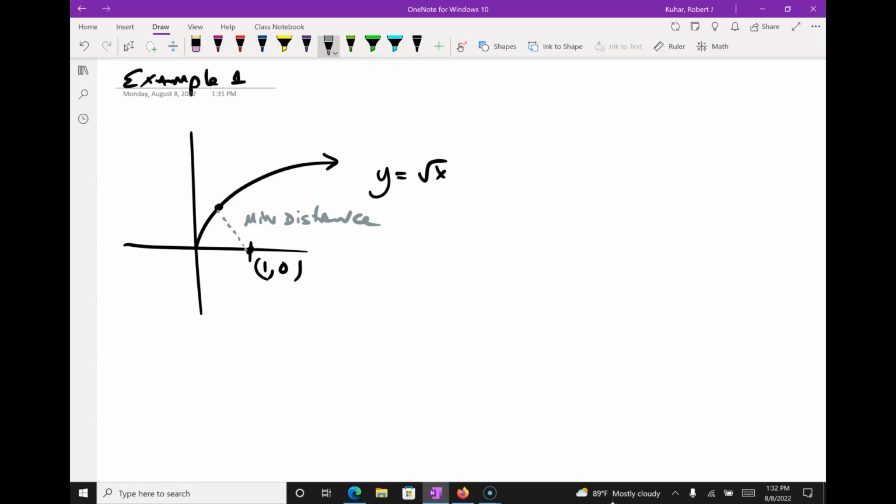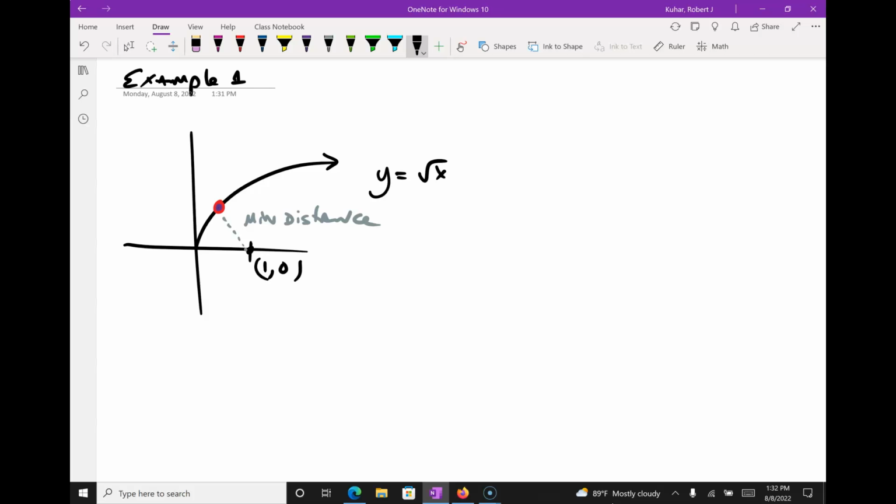So the question is, what is the point on the curve? What should I call this point here? It's unknown, right? I want to find the min distance from this point to the curve, but I don't know the point on the curve, so what should I call it?